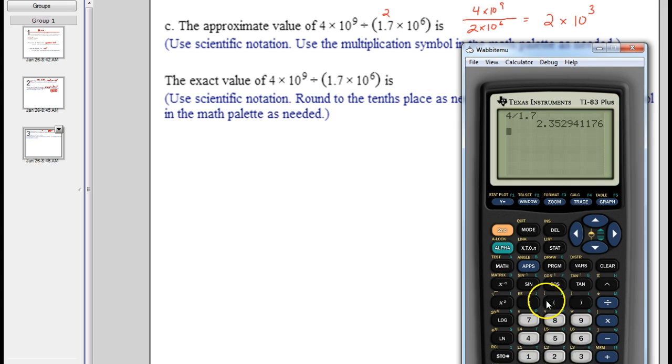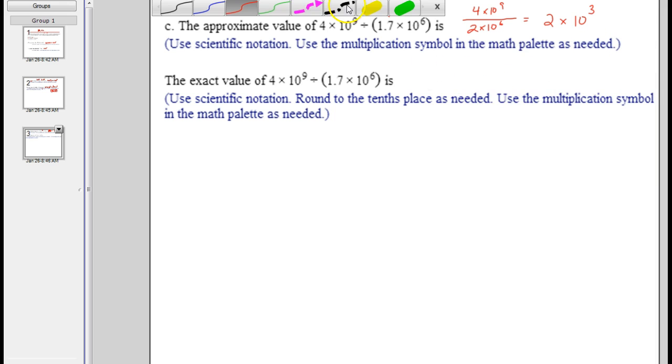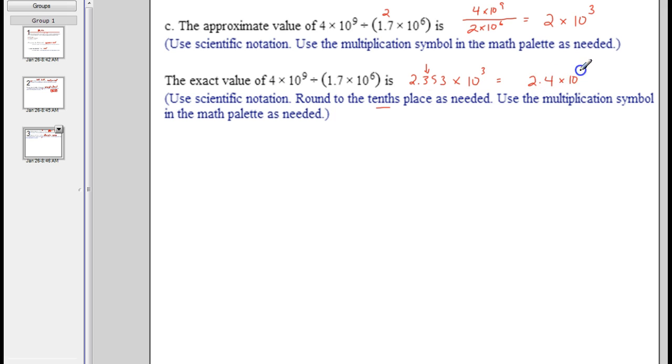We get that number, 2.353, roughly. And then times, same thing, 9 minus 6 is 10 to the 3rd. And then it tells us to round to the nearest tenths place, that's right there. So that's going to be 2.4 times 10 to the 3rd.